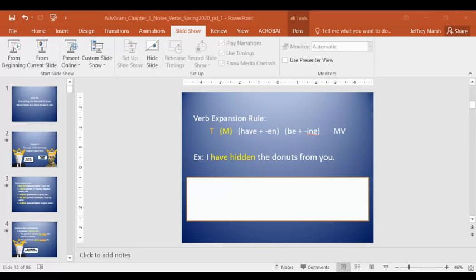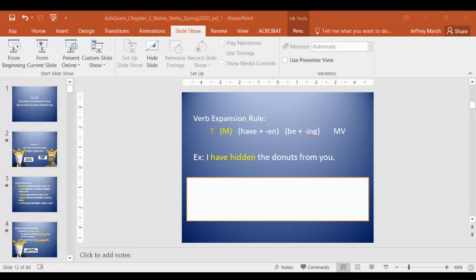So this means if I use the word has, or if I use the word had, or if I use the word have, any form of the word have, anytime I use that, I have to include en. All right, and I have to include this en. But I want you to think about it as I'm not adding have plus en. I'm adding have and then an en. Because if I glue this together, you'd end up having a word which says havin', and there's no such word as havin'. So why don't you just trust the fact that we're going to bring in a have and an en.